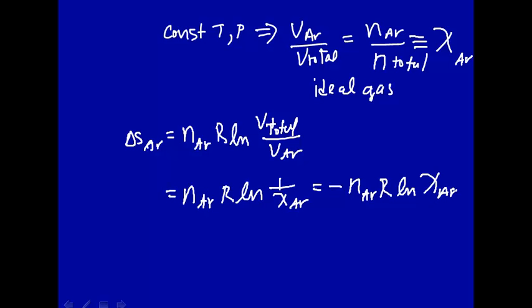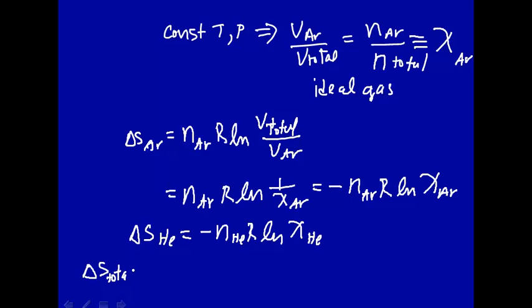And similarly for the change in entropy of helium, that'll be minus the number of moles of helium times R times the natural log of the mole fraction of helium in the final mixture. So the total will be the sum of these two, and let's pull out the R from the sum.